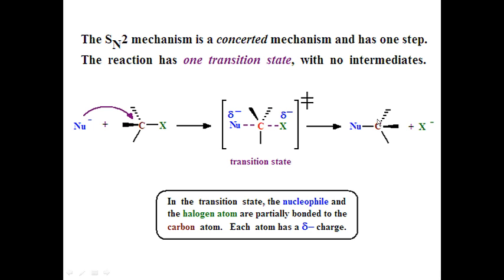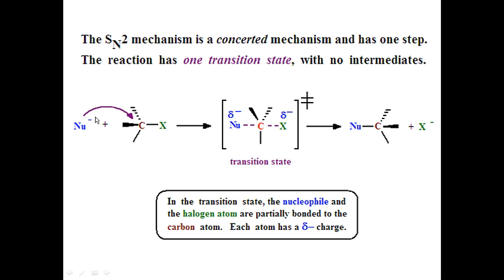Now, this is kind of a strange reaction because since it occurs by one mechanistic step, that step is the rate determining step. And so the overall reaction, just being one step, has that as its mechanistic step.